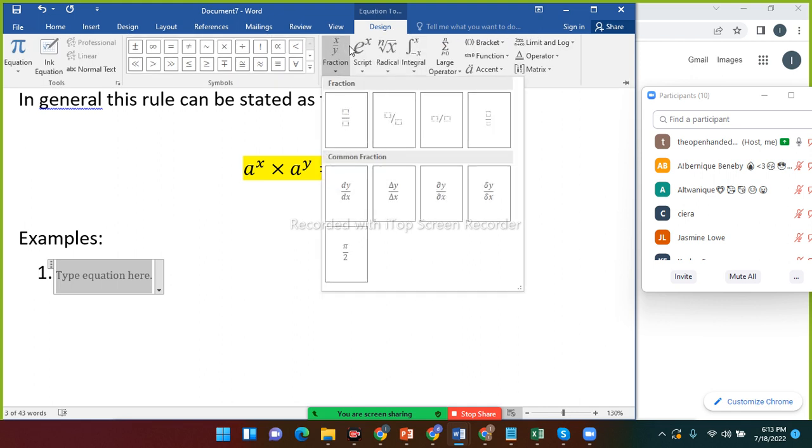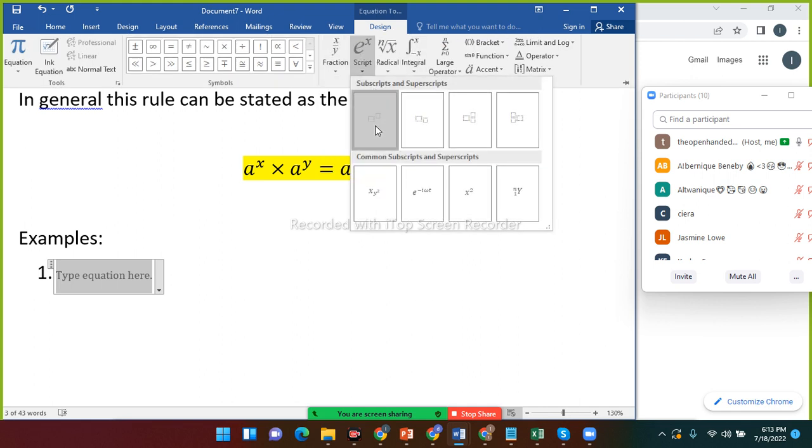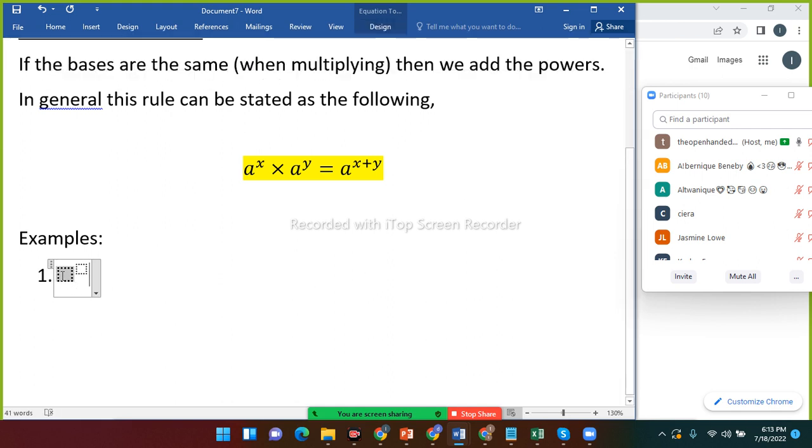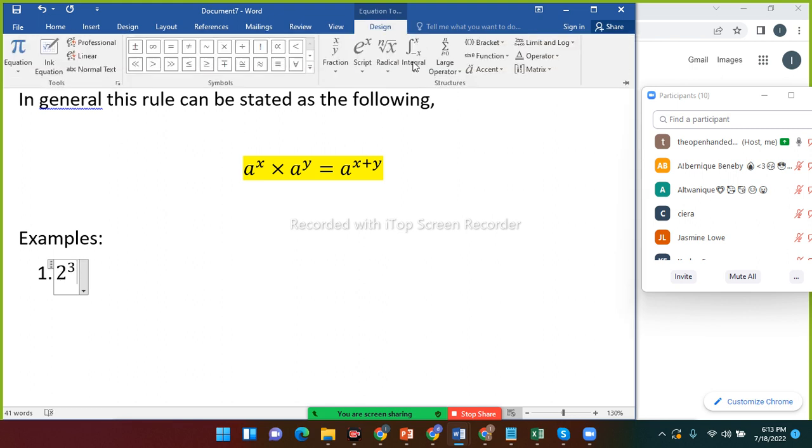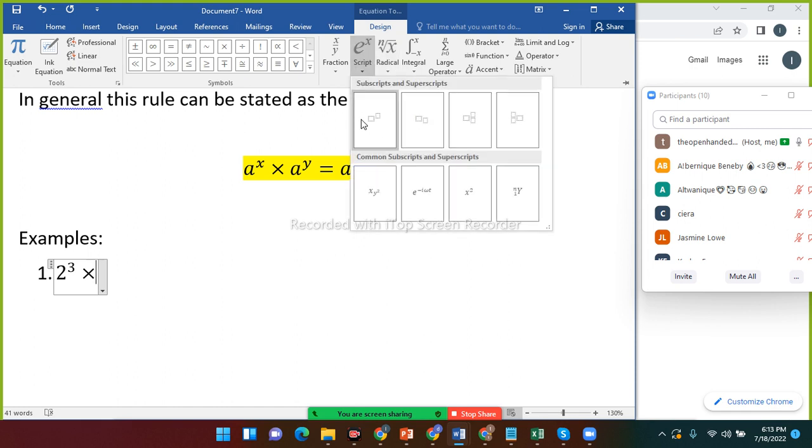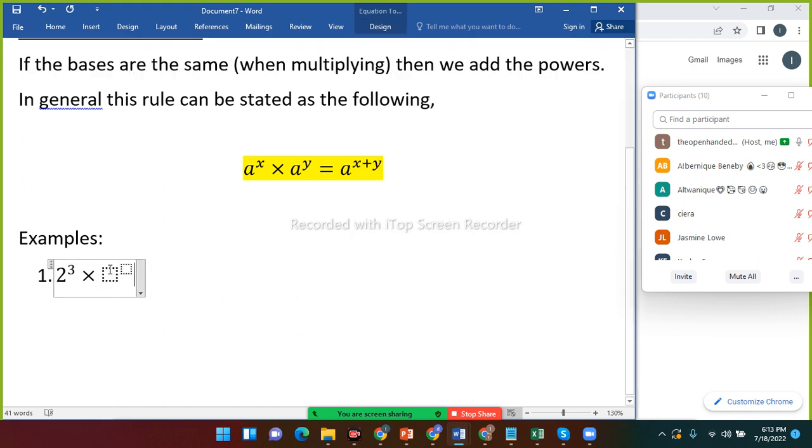So say for example, if I say 2 to the power of 3 multiplied by 2 to the power of 4, my question is, what would my answer be?